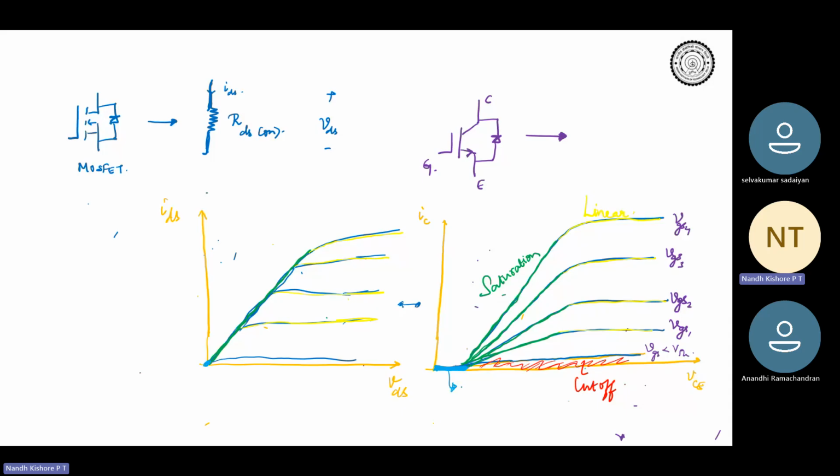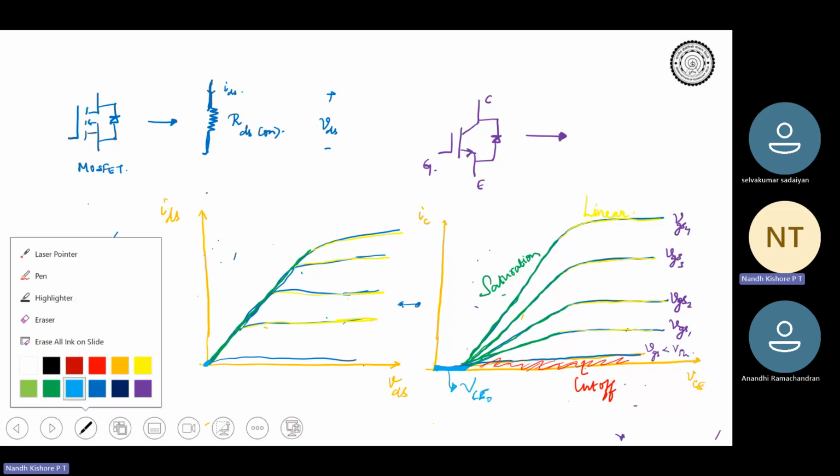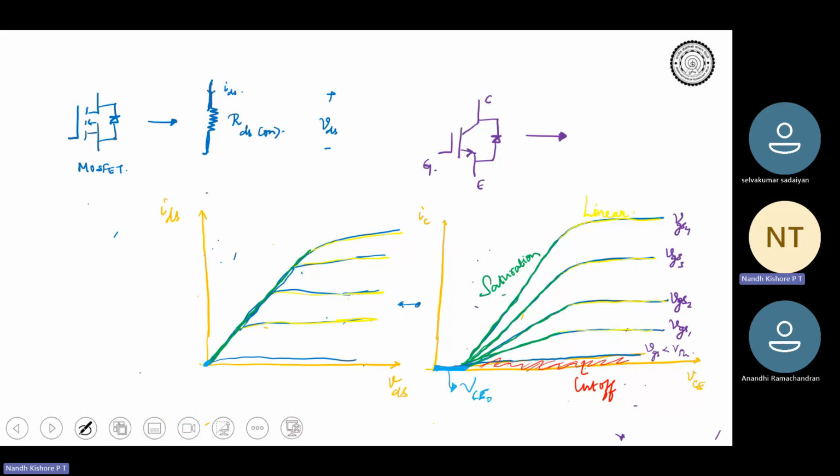We call this VCE naught. Do you know why this comes into play? What is the property of an IGBT that makes it have this kind of a region?